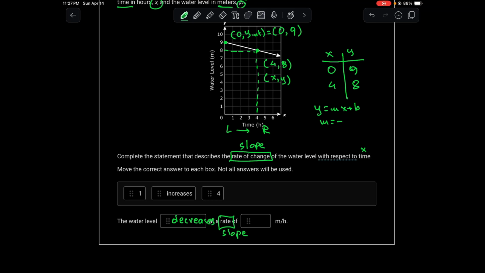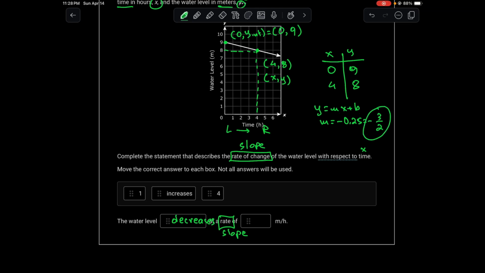If you hadn't realized that the graph was decreasing, once you see the negative in the slope, that means it's decreasing. So whatever numbers they have that you can combine here, if they want you to plug in the decimal, you put the negative 0.25.